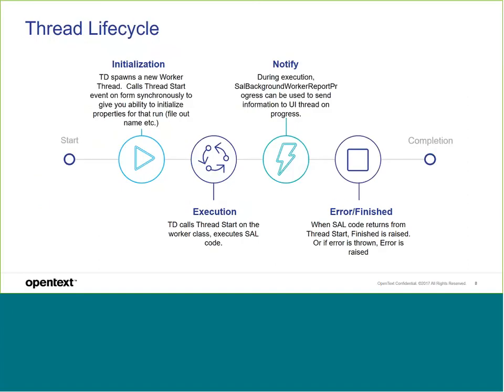So here is another overview of the thread lifecycle. It starts with the initialization. You spawn the new worker thread. You initialize the variables and properties to run the thread. Then the thread execution commences. You can do the notification with StartBackgroundWorker.ReportProgress.